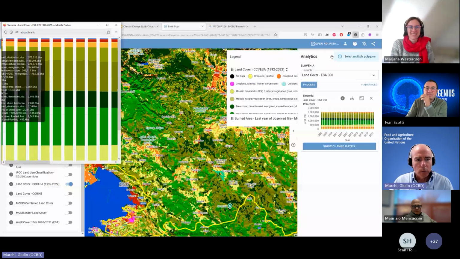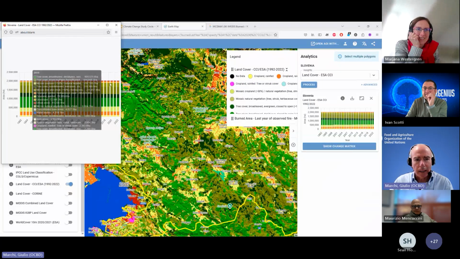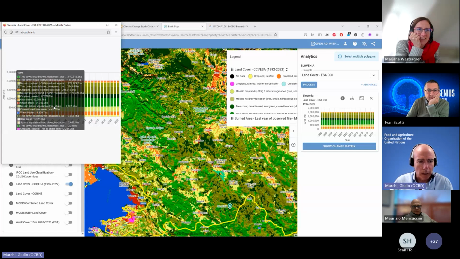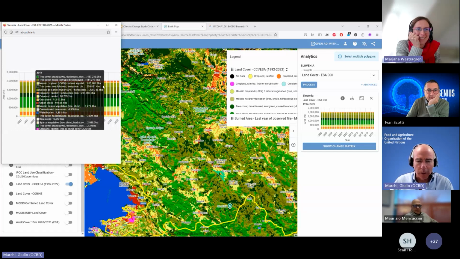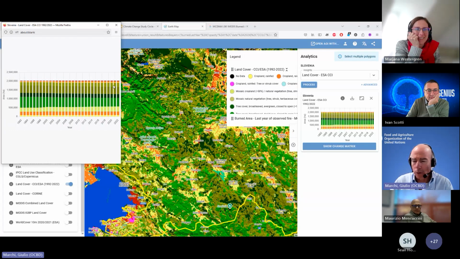Hovering with the mouse, you have an idea of how it changed, but of course this is not the way to look at data. You can just look at it, but you cannot actually interact with the data in this way.